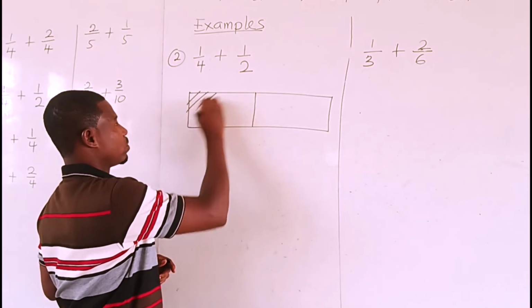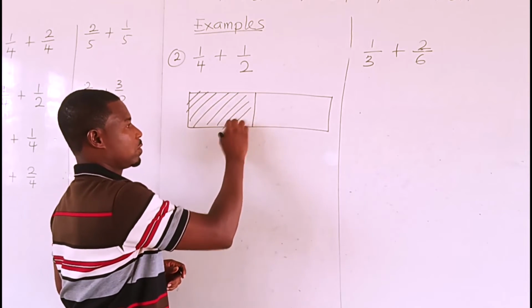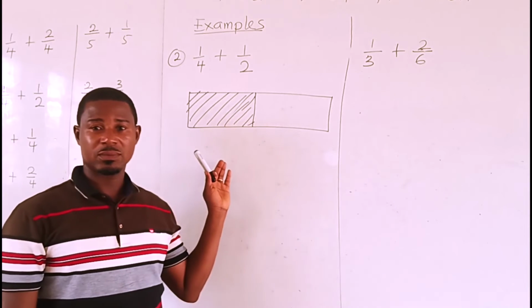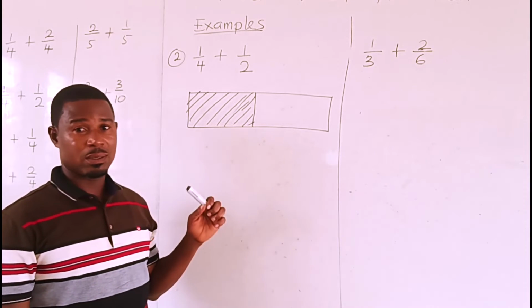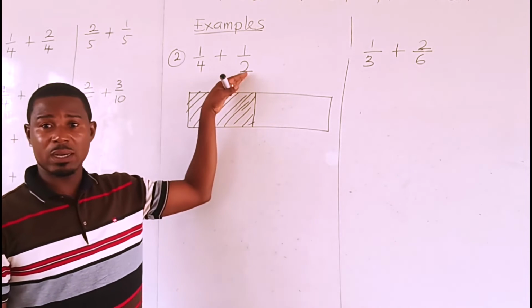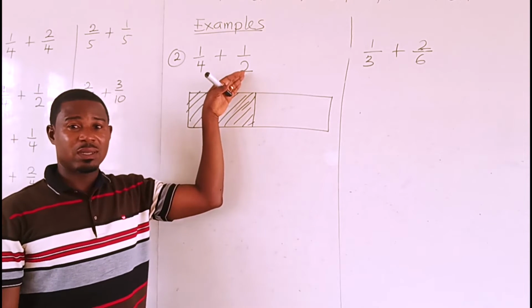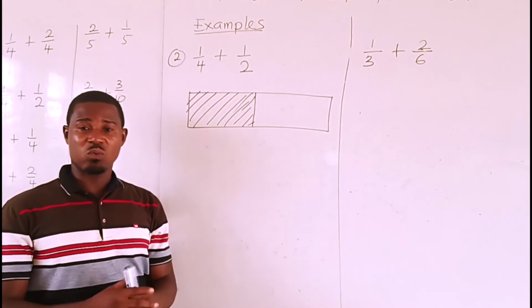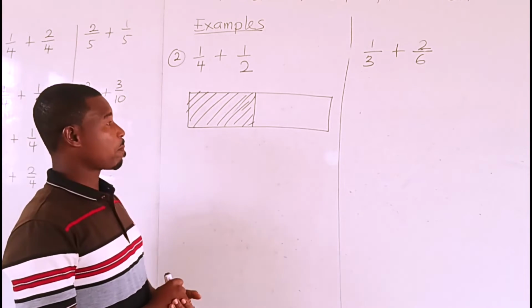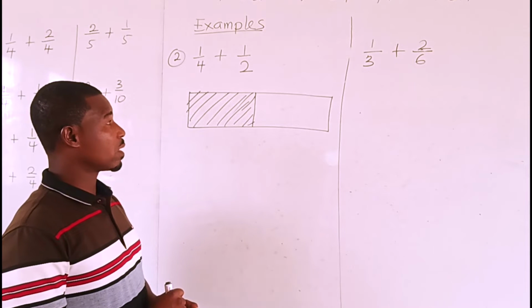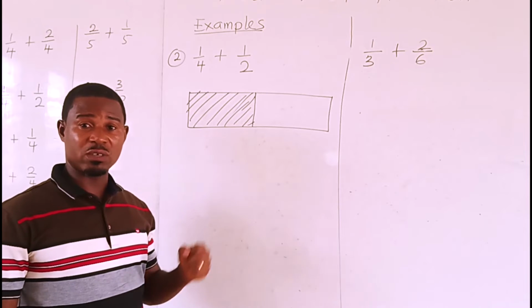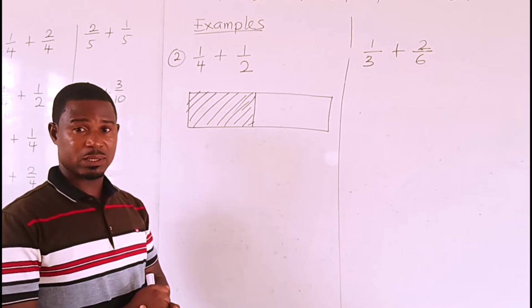And so we shade this part. This done, we are done with 1/2. What about 1/4? The same whole we are going to divide into 4 parts.